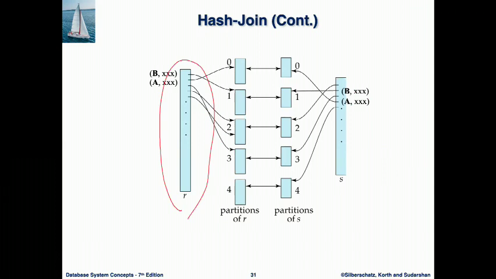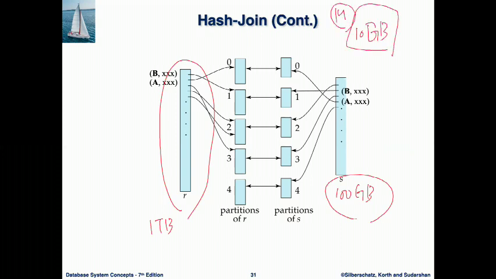Let's just say this is like 1 terabyte in size, and the other one is 100 gigabytes in size, and what you have is only 10 gigabytes of main memory. So 1 terabyte cannot fit into the main memory. 100 gigabytes, which is table S, cannot fit into the main memory. So what should we do?